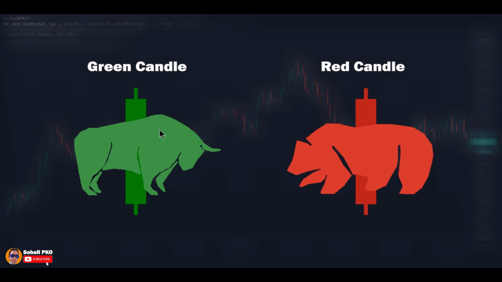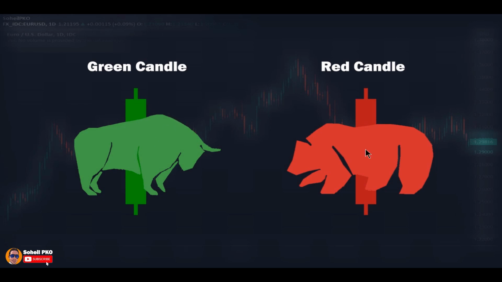So when you see a green candle like this, where the closing price is higher than the open price, it means that in that session, the bulls had the upper hand, took the control of the price, and pushed the price up higher than where it opened. In other words, it means that because of a reason, more and more traders were interested to buy in that session, and the demand was greater than the supply in that time period, which caused the price to go up.